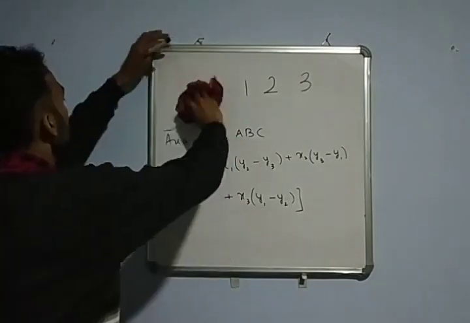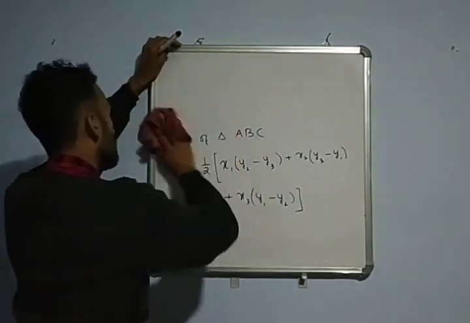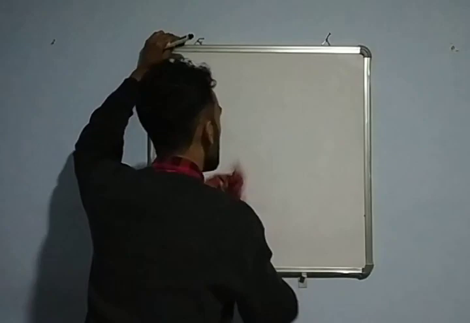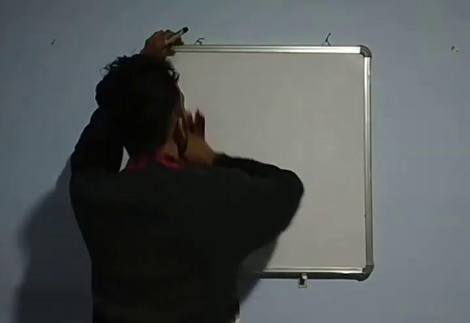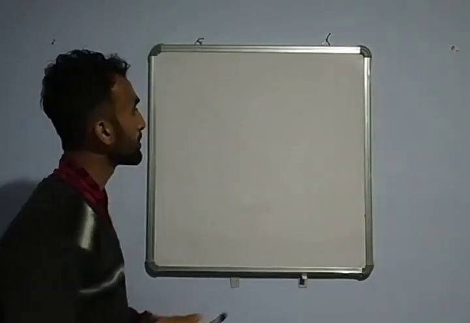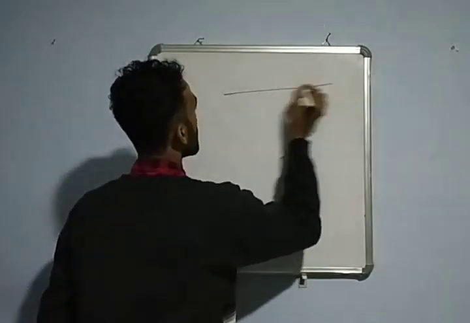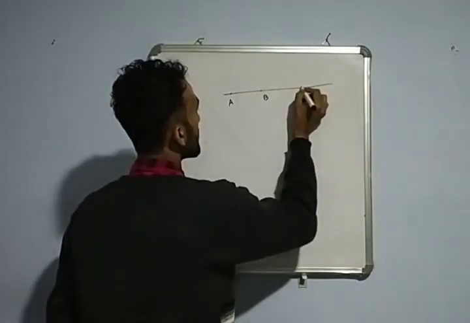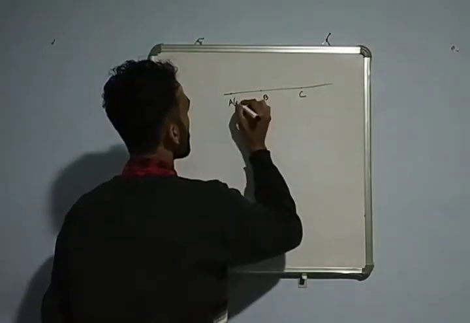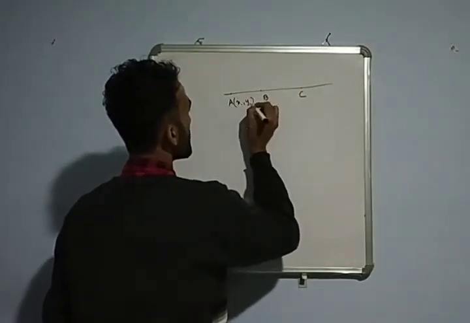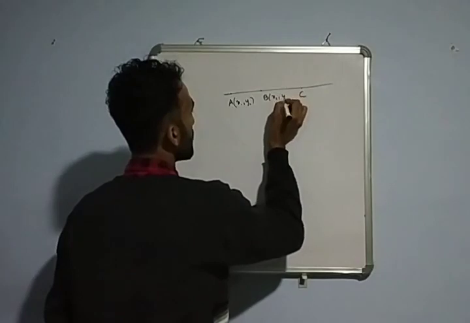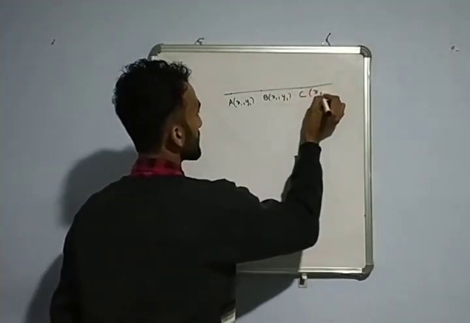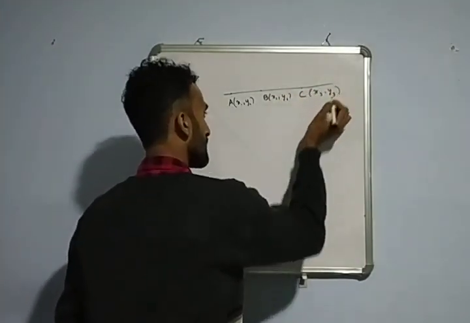Now you see here, what happens if the 3 points are collinear? Collinear means they lie in the same line. x1 comma y1, x2 comma y2, x3 comma y3.